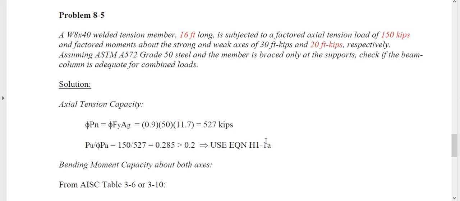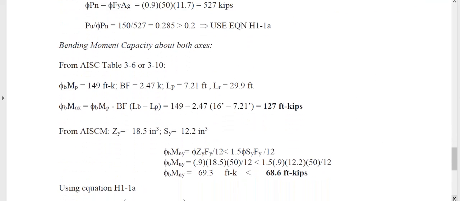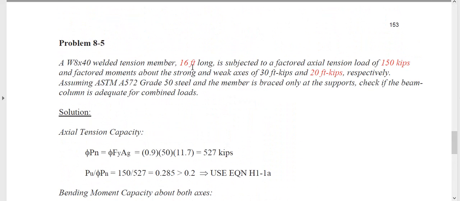So it is 0.29, that means more than 0.2, so our first equation. Okay, then we will find moment capacity about x-axis and y-axis. How to find about x-axis? We have to see our Lb, Lp, Lr, everything. So from the AISC manual for that section, Lp is 7.21 feet, Lr is 29. Again, what is our unbraced, unsupported length? It is 16 feet.